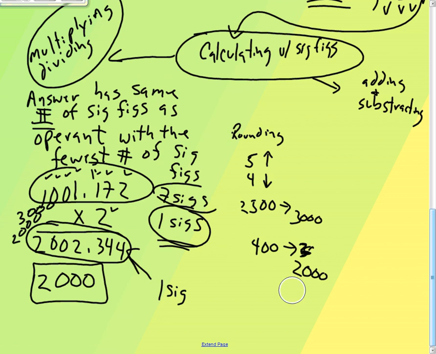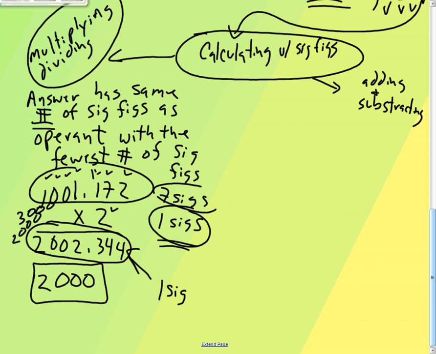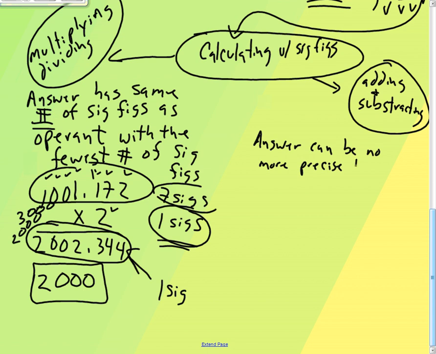great. Let's erase that so we have more space to talk about adding and subtracting. Adding, subtracting, what's the rule? Okay, let's hope I can get this right. The answer can be no more precise than the least precise operand.